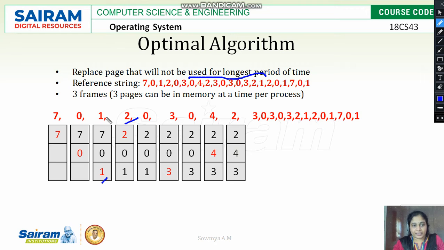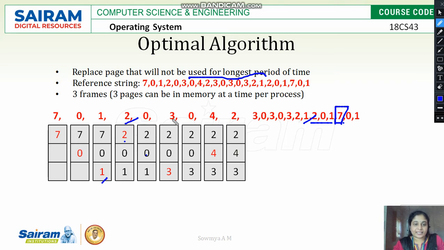Before replacing among 7, 0, 1 with page number 2, you have to check which of them is not used or is used farthest. 0 is used right away, so you cannot replace 0. Then 1 is used after 0. Compare 7. 7 is the page which is used after a very long time, so 7 is replaced with 2. Next 0, since it is not replaced, it stays.